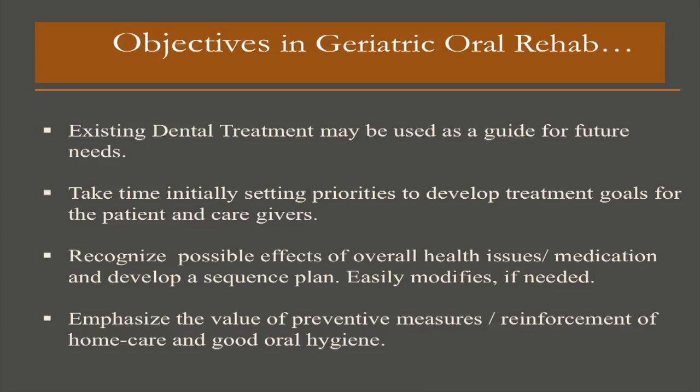And usually for elderly, dental treatments that require high maintenance are not recommended, only because maybe the patient 5 years in the future may not be able to do that.